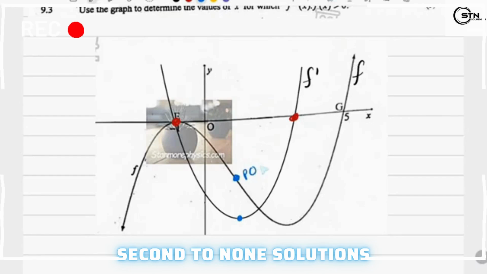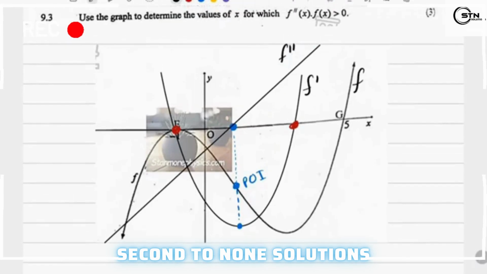Okay, that point of inflection. Now, here's the thing about the point of inflection. That x value of the point of inflection, so they're just speaking about the x values, is going to be the x value of your x-intercept of your straight line. This is f double prime of x. Okay, that's what it looks like. And that's how you know what it looks like.